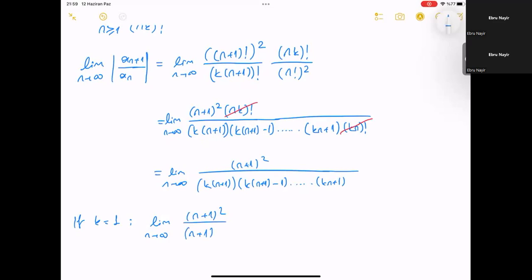Because each term in the denominator will give us n plus 1. But they should be decreasing, right? This one is less than this term, for example. That's why we wrote like this. If each term is equal to n plus 1, then we have only one term in the denominator. Now, but this is infinity, right? So the series in this case is divergent. Then it means k cannot be equal to 1.